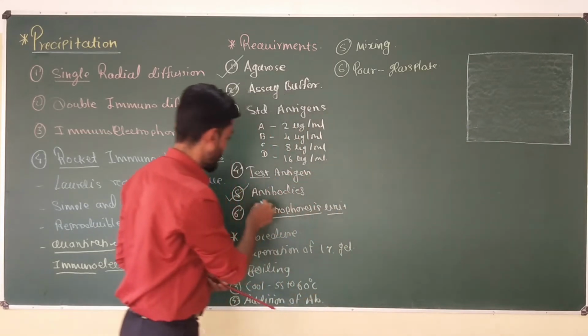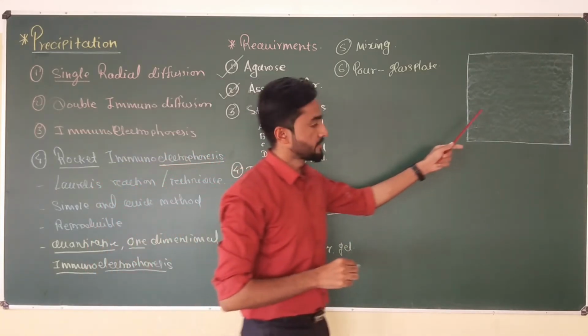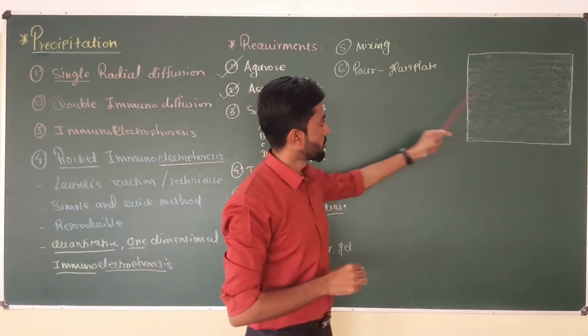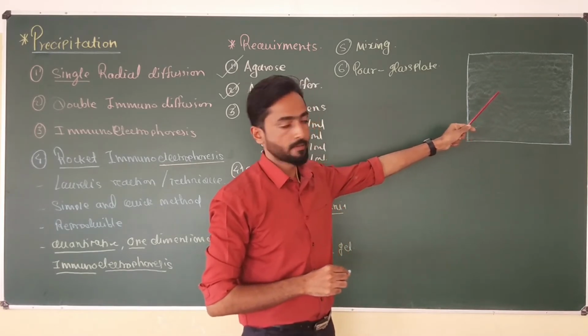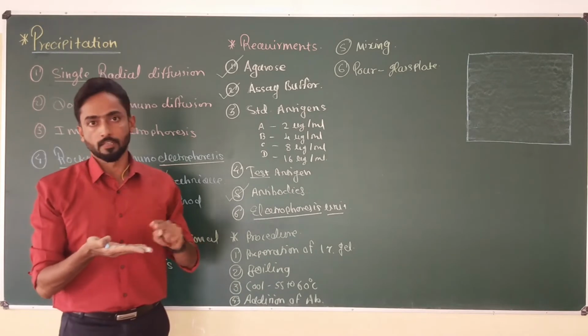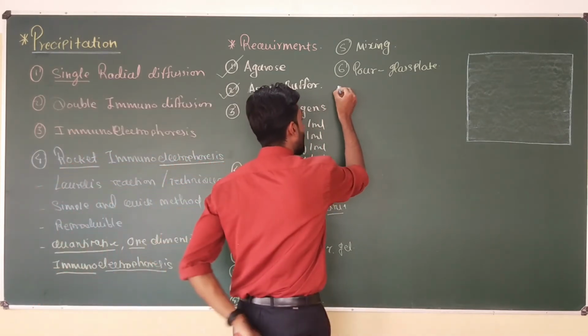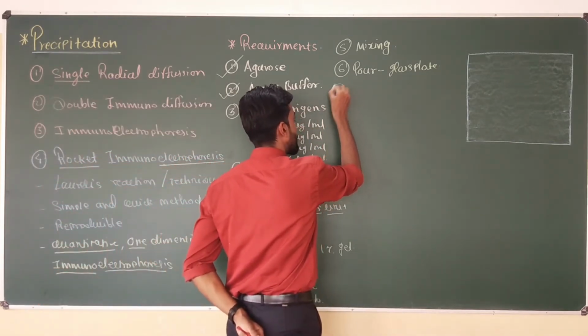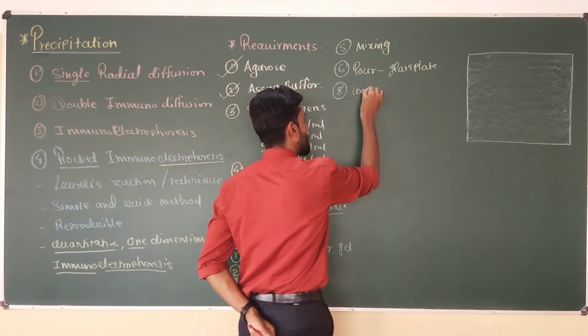So these antibodies are now present in this gel, and you have poured this gel onto the surface of the glass plate. During the pouring, place the glass plate on a horizontal surface. Then the next step is to wait for 30 minutes.